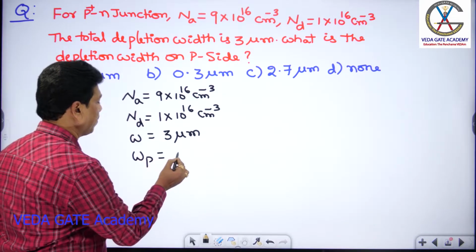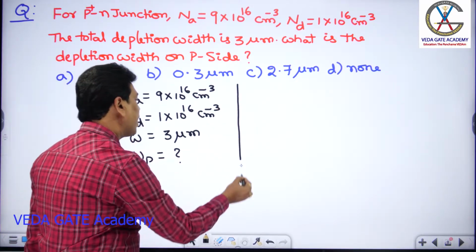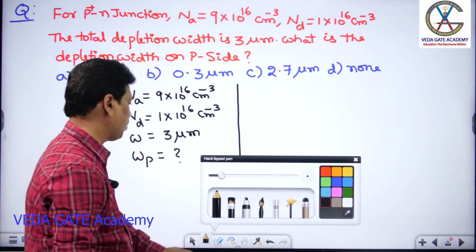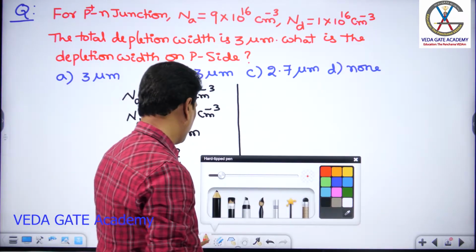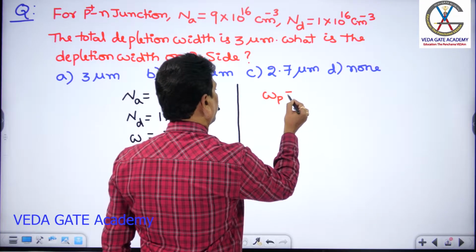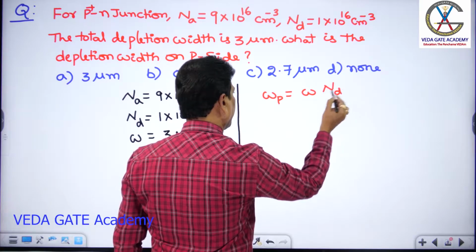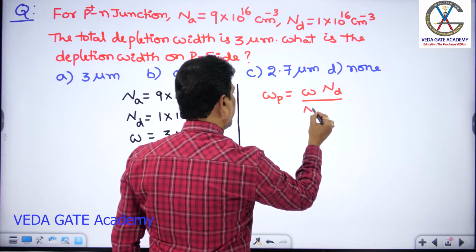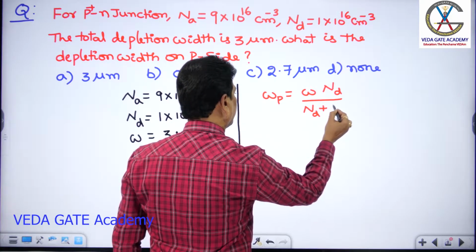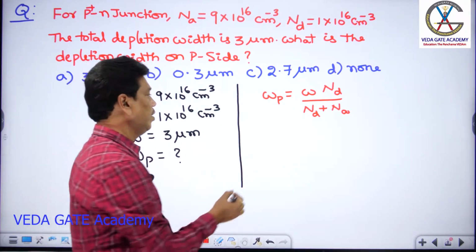WP is asked. Just now you discussed the formula for the width of the barrier on P side, right? So WP equals the total width into the opposite density, that is ND, divided by ND plus NA. Now I substitute.